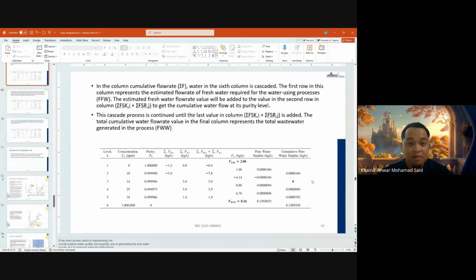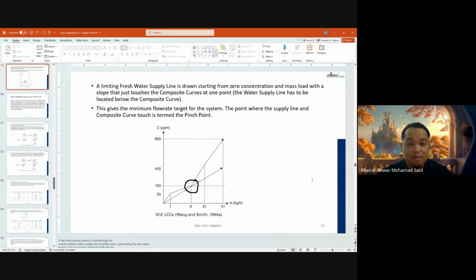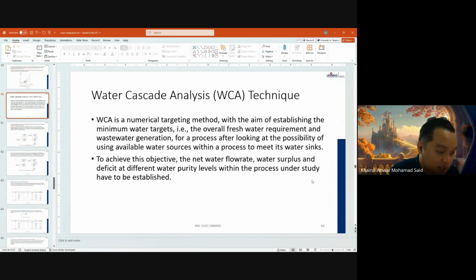Let's go back to the cascade analysis technique.